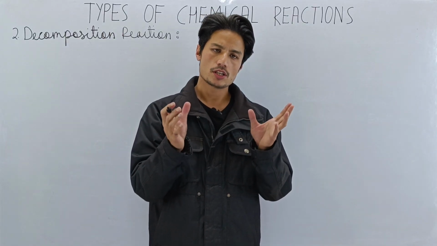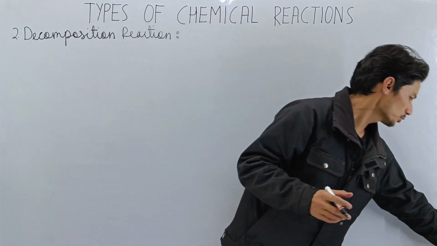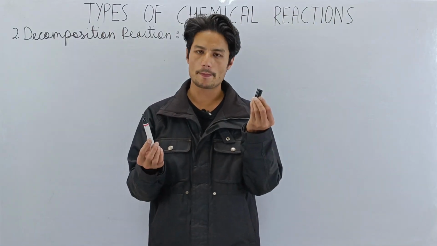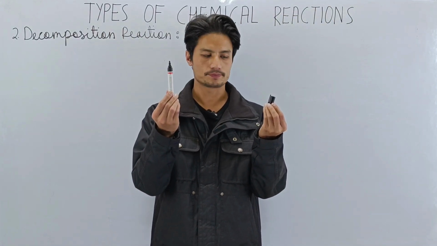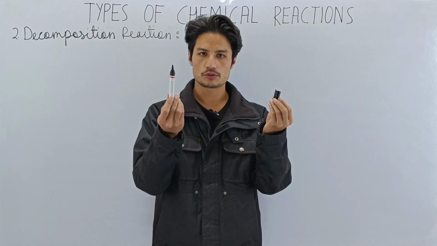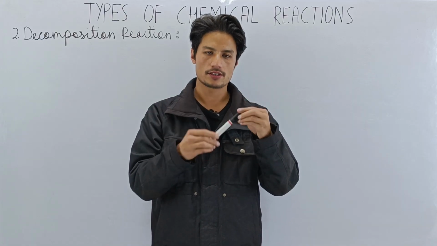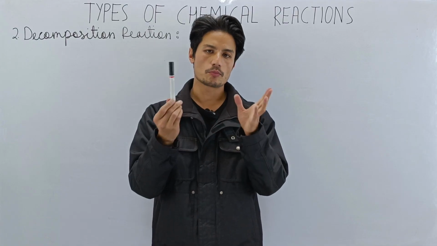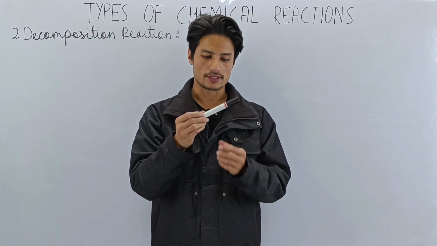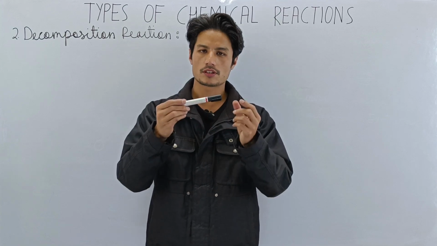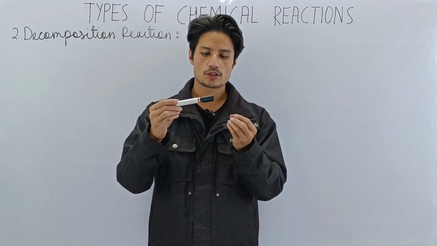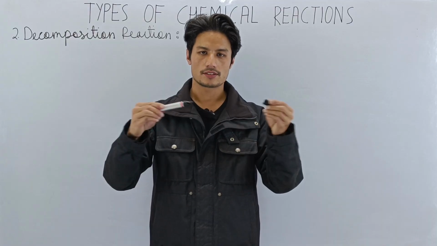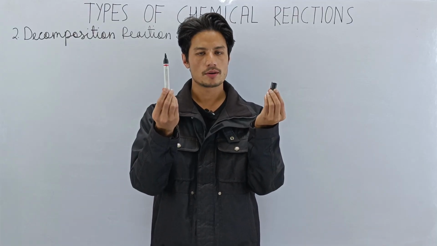In combination reaction, two or more reactants, let me use this, I have a marker with me, so the cap and the body of the marker, reactant 1, reactant 2, they combine to give you a single product. Now in decomposition reaction, the exact opposite will happen. You have this product, and it will decompose. Decompose means it will break, it will split, break down, and then give you two or more products.